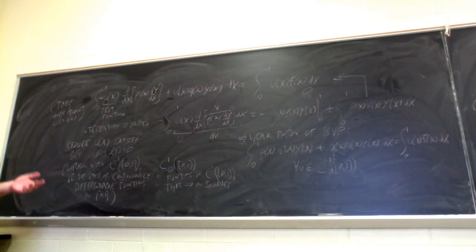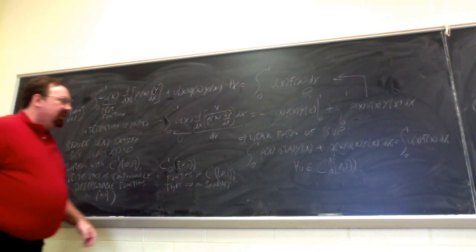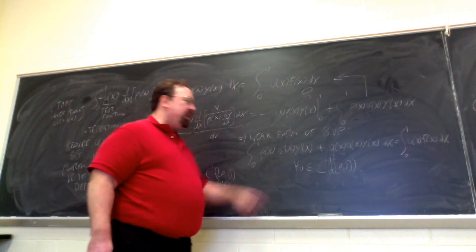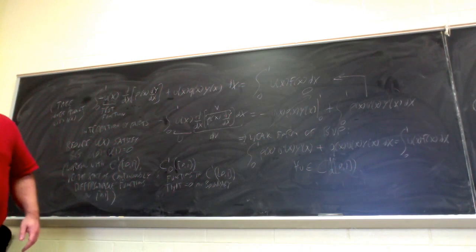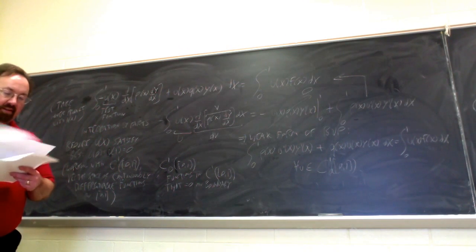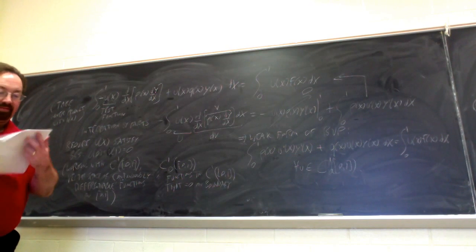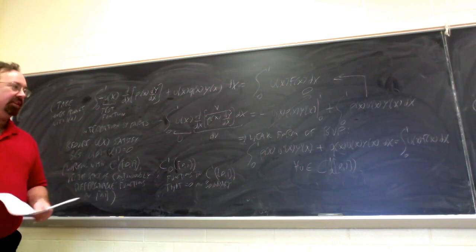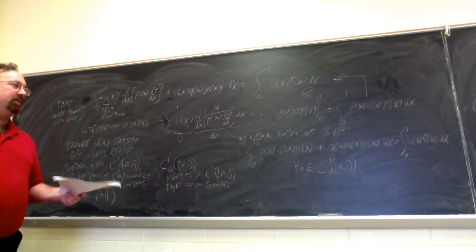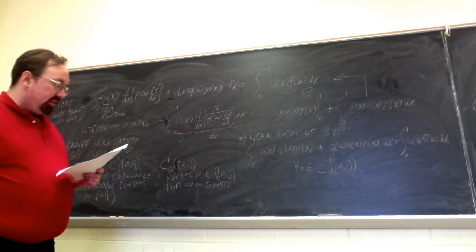It can't be classical because the number of required derivatives doesn't exist, but it's still acceptable as a solution in this weak sense. The reason we call it weak is that we require fewer derivatives.